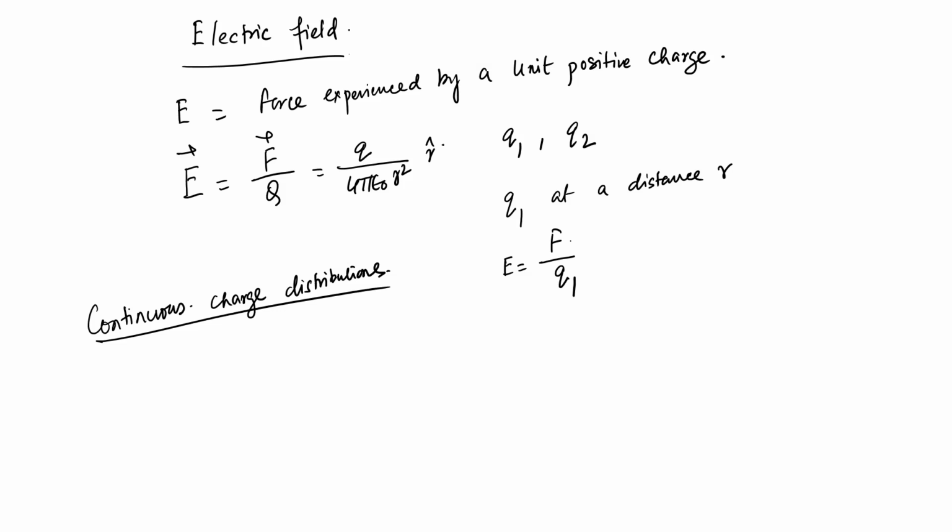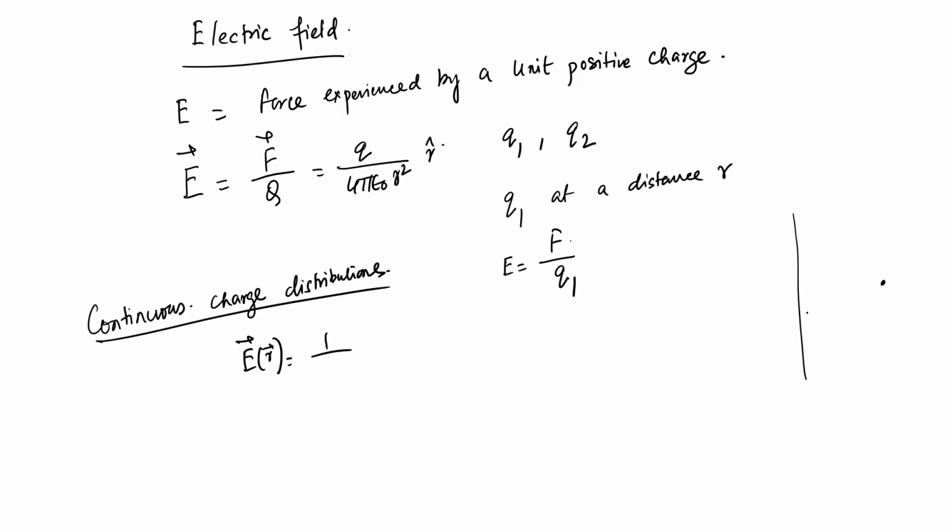Let us write down a general formula for the electric field for a continuous charge distribution at a given point r, which is at a distance from this charge distribution. Suppose you have a linear charge distribution. There is a wire which has charges pasted on it, and you want to know what is the electric field due to this charge distribution.